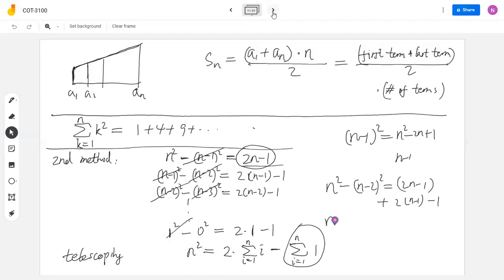This is n. But this term right here is exactly what we want to compute, the sum. So we have n squared minus n. We just move this to this side, equals 2 times Sn. Sorry, it should be n squared plus n, because this is minus. Moving to this side, Sn, the summation i equals 1 to n of i, equals n times n plus 1 divided by 2.